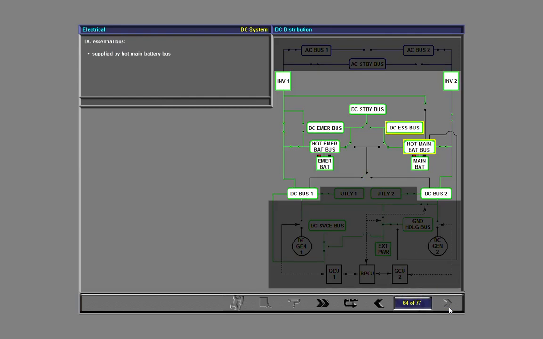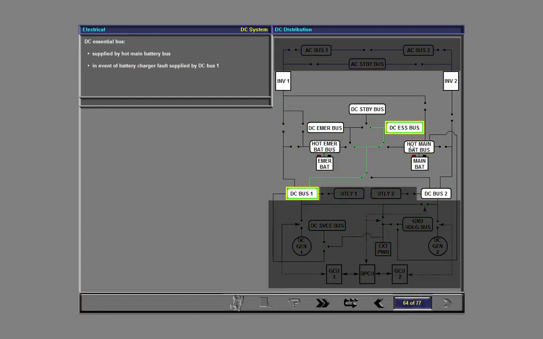The DC essential bus is normally supplied by the hot main battery bus. In the event of a battery charger fault, it is supplied by DC bus 1. And in the event of an undervoltage on DC bus 1, it is supplied by DC bus 2.